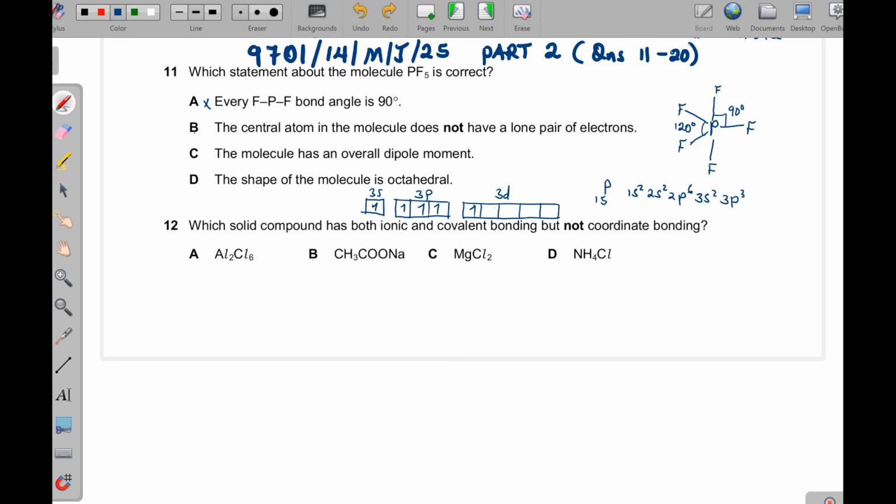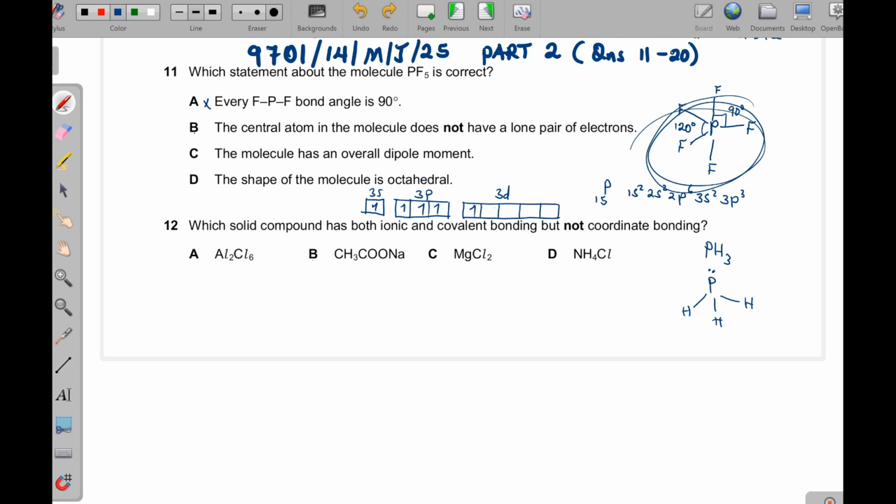So that's why you can find phosphorus using all the 5, or using only 3 and there is a lone pair here. In phosphine, for example, you get the 3 bonds here and it will have a lone pair, but here it has used that lone pair also. So they are saying that the central atom in the molecule does not have a lone pair of electrons, and indeed it is true.